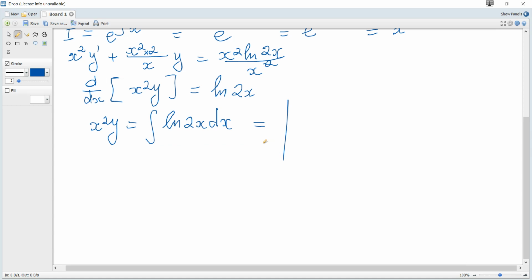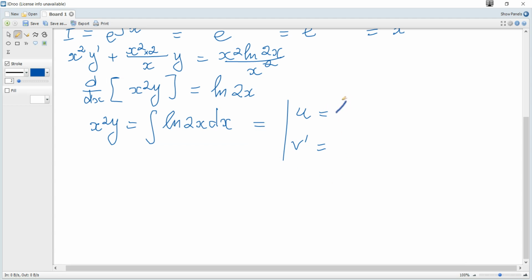And for integration by parts we should consider a given function as a product of functions, hence another function is 1, so we consider ln multiplied by 1, and we should choose u and v primed.